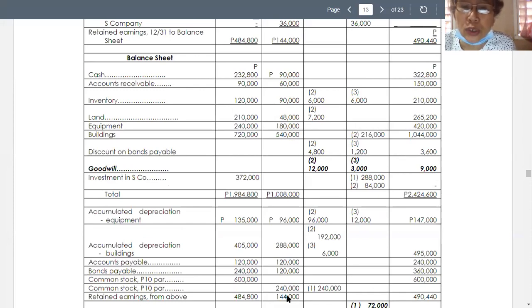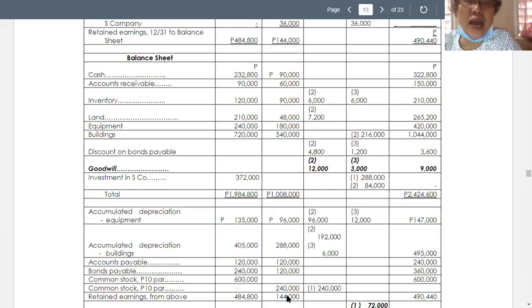Take note that for your accumulated depreciation, building, we are debiting 6,000 because the building account had an amount for adjustment which is stated to be over. Okay? So we have accounts payable, 240,000. Bonds payable, 360,000.